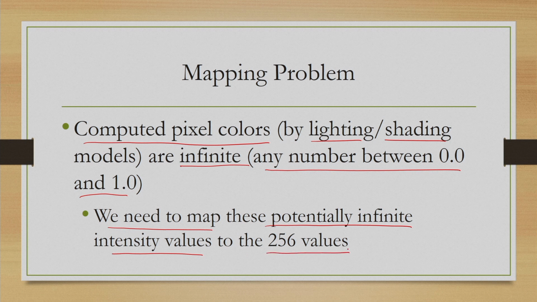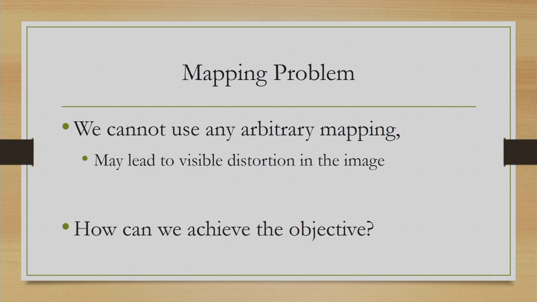This is the problem. Given the size of the set of values that can be represented in a computer, we have to map the potential range of values to those restricted sets. This is our mapping problem, where we have to keep in mind that we cannot use any arbitrary mapping, because that may lead to visible distortion.